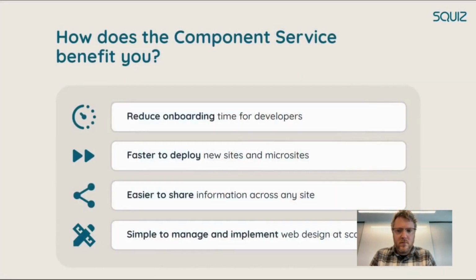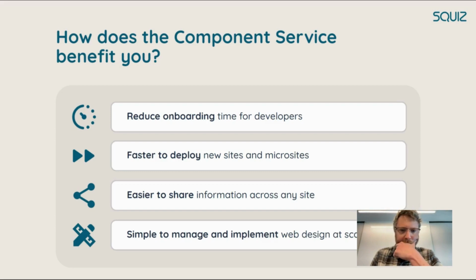But how does the component service benefit you? Well, the component service has drastically reduced the onboarding time for new developers. They can start building new components and launch them if they know JavaScript, removing the need for developers to know the whole platform before they start building new components, and reducing dependence on any single Matrix developer. It makes it faster to deploy new sites and microsites from a template, and introduces new functionality to those sites.